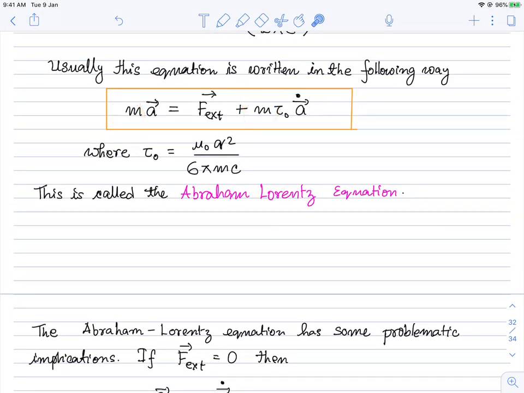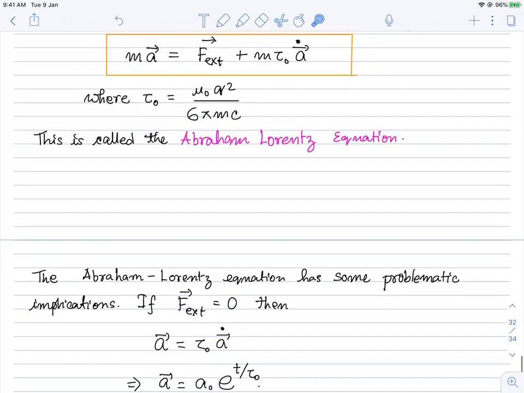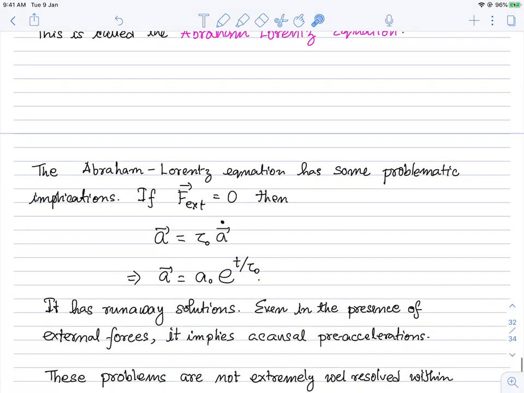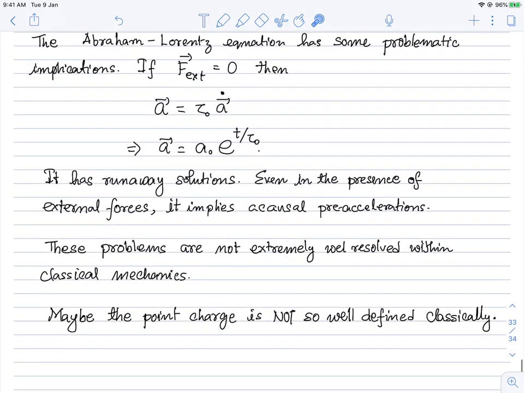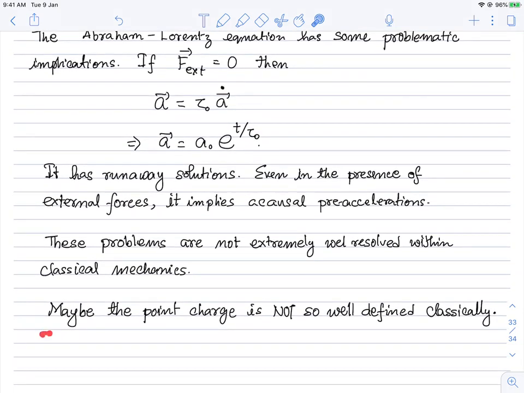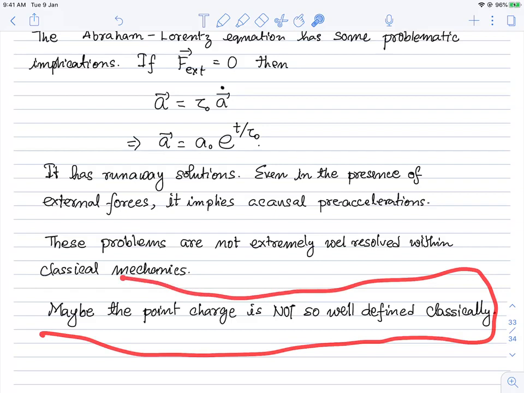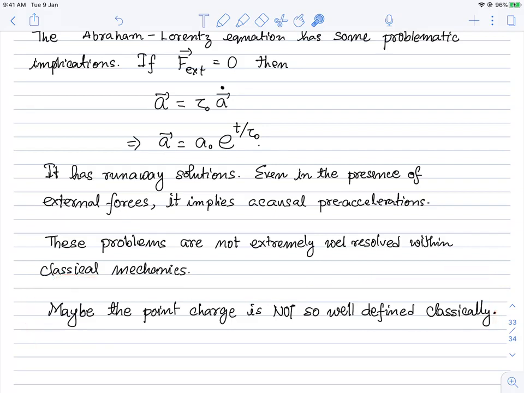Maybe that is what the issue is, and it's probably not consistent. So it's quite legitimate to say that at the end of our discussion on electrodynamics, we conclude that maybe the first thing that we started off with, the static point charge, is all right.